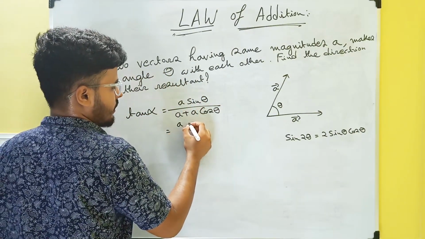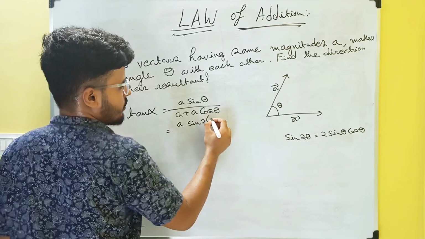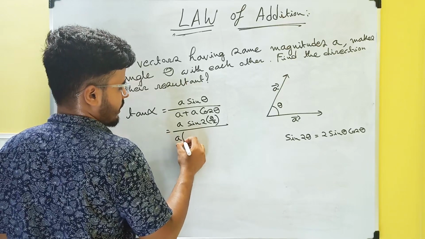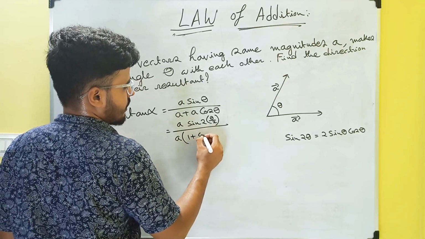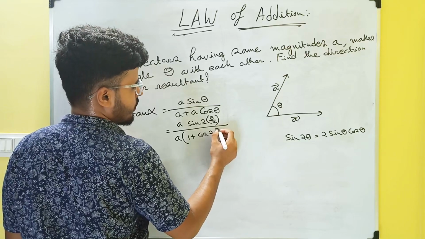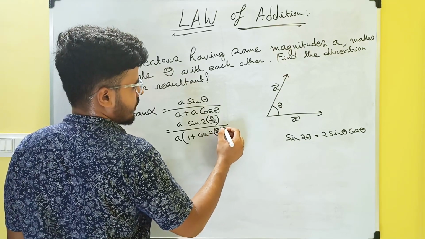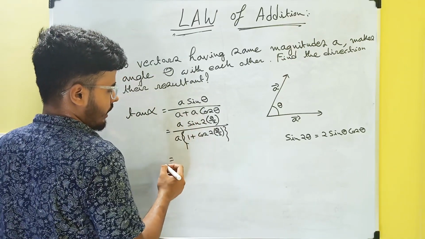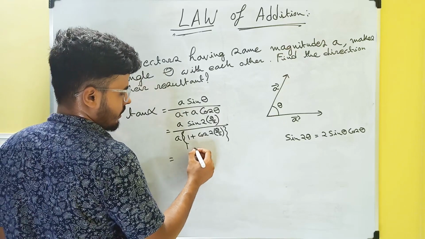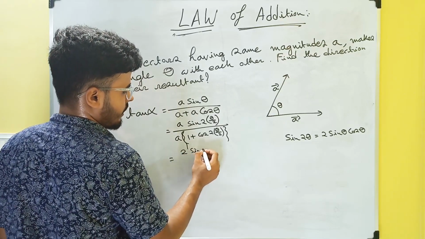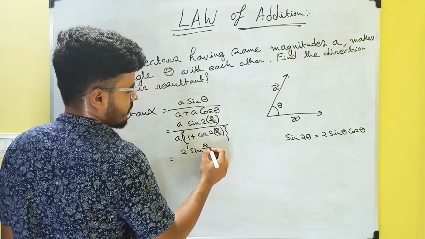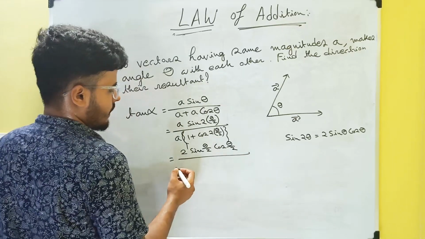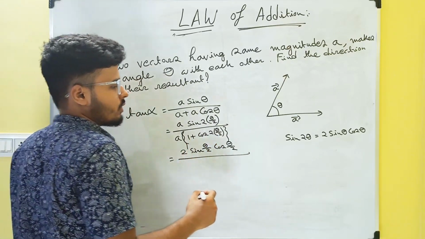If we take it like this, sine 2 theta by 2, and if we take it like this, 1 plus cos 2 theta by 2, then A will get cancelled, and 2 sine theta by 2 cos theta by 2 by 1 plus cos 2 theta.